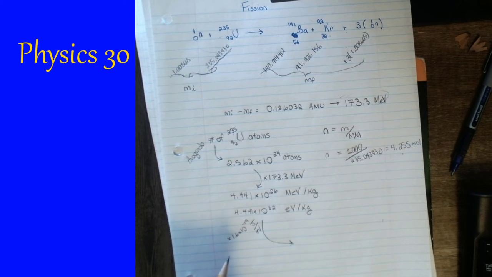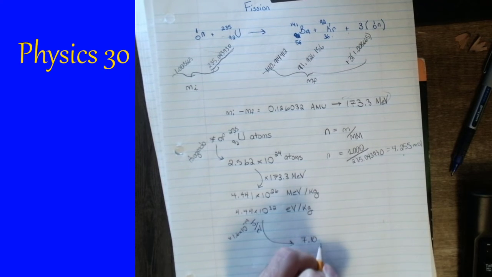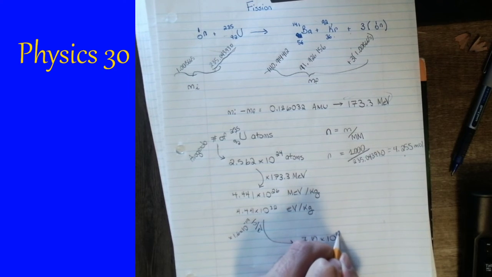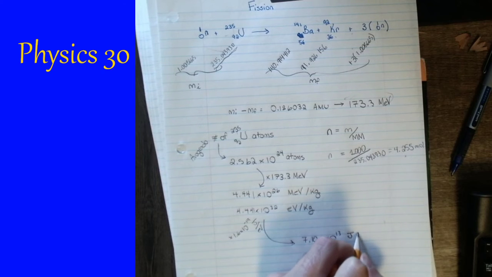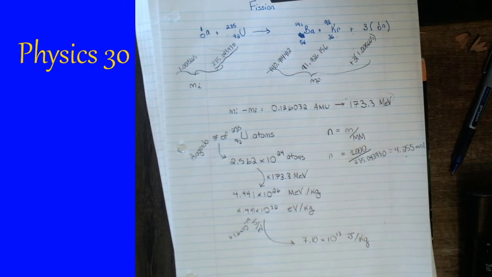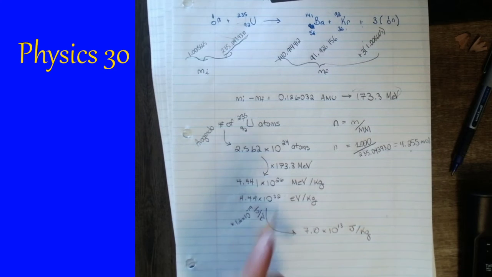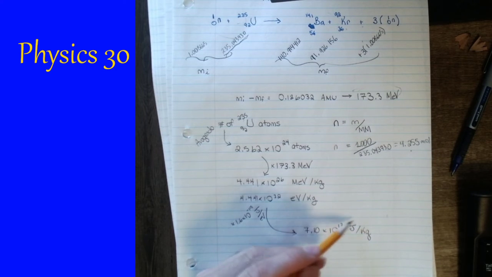And then what we're going to end up with is 7.10 times 10 to the 13 joules per kilogram. So for each kilogram of uranium-235 that undergoes nuclear fission, you'll receive 7.1 times 10 to the 13 joules.